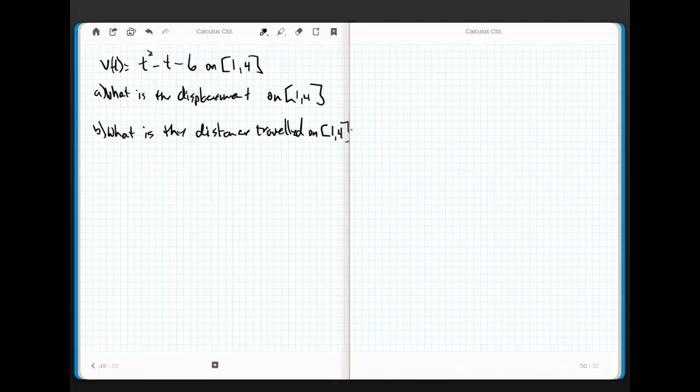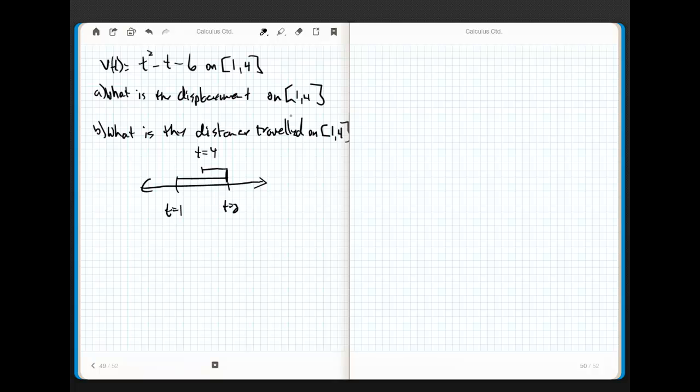All right, now let's have a quick little discussion about the difference between displacement and distance. Let's say that my particle started here at t equals 1, and it starts moving right. But then somewhere between 1 and 4, let's say at t equals 2, the particle stops and it chooses to head backwards, and then it stops right here at, say, t equals 4.